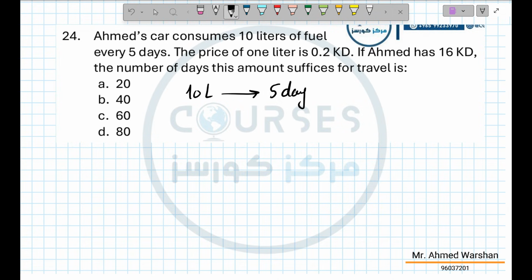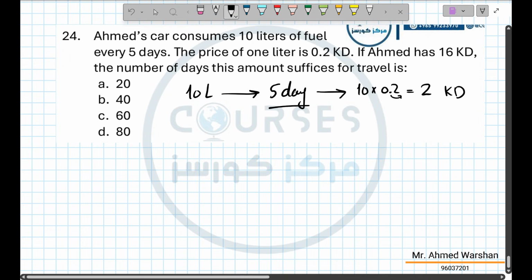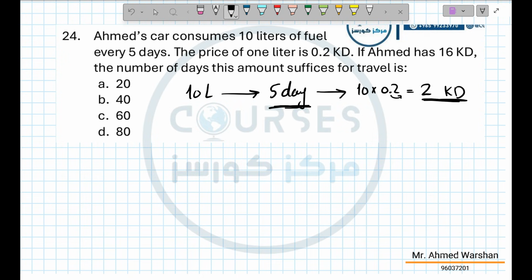If the liter is 0.2, it means that 10 liters is 10 times 0.2. 10 times any decimal, it moves the decimal, so those 10 liters is 2 kd. So 2 kd is enough for 5 days.